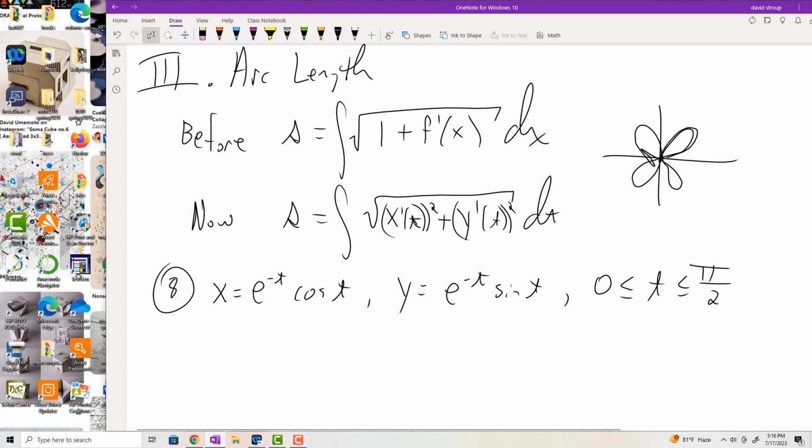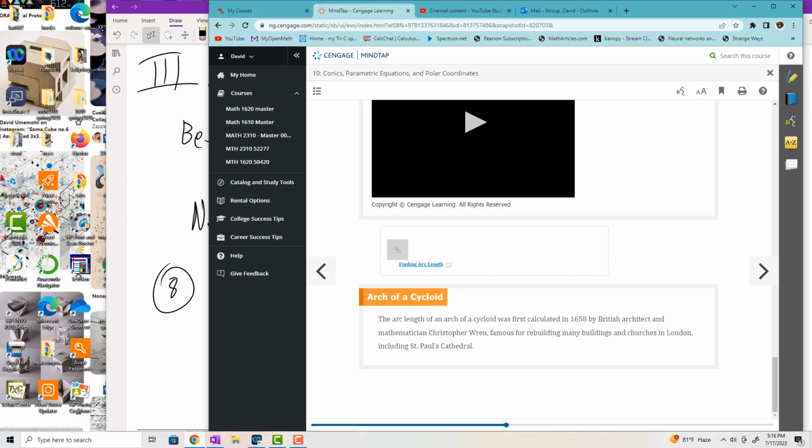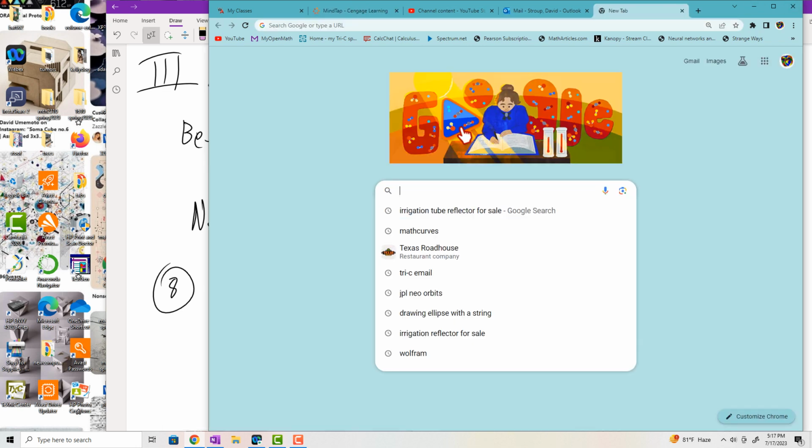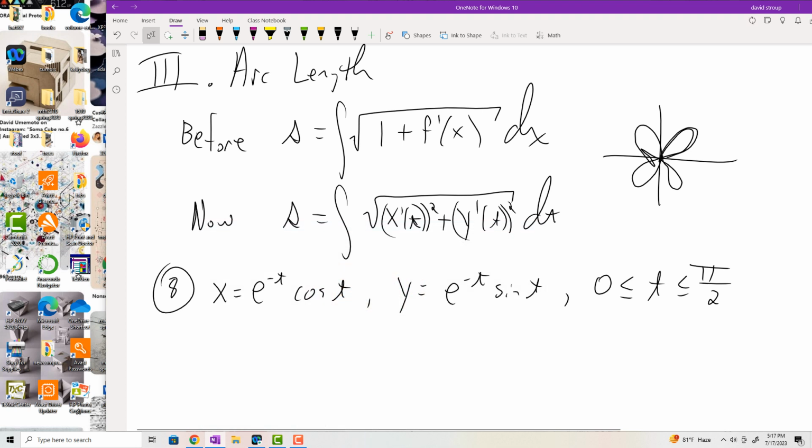Of course, if you saw that curve.com thing that we went to, those curves retrace themselves over time. And if you're integrating and you don't know where to integrate to, you may accidentally over-integrate. So you'll trace out the curve more than once, and the arc length value will be too much.